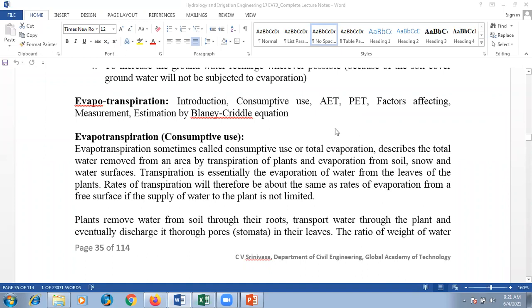As we all understand, the water which is available in the soil in a three-phase system can be classified as hygroscopic water, capillary water, and gravity water or superfluous water. What do we mean by that? The hygroscopic water, which is below the wilting point, is the water which cannot be drawn by the plants for its needs.